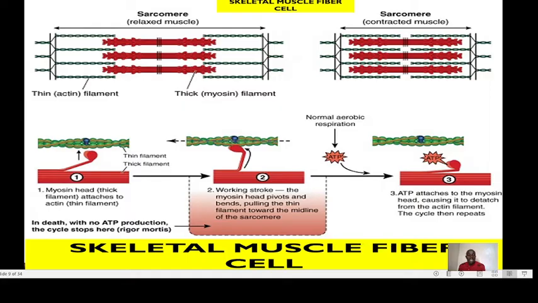The body is not able to relax because we don't have the ATP that has to be produced through normal aerobic respiration to dislodge the thick myosin filament from the thin actin filaments for us to have relaxation.